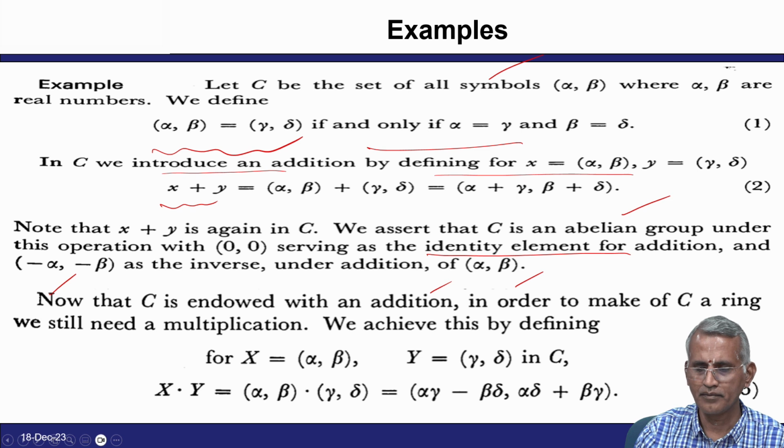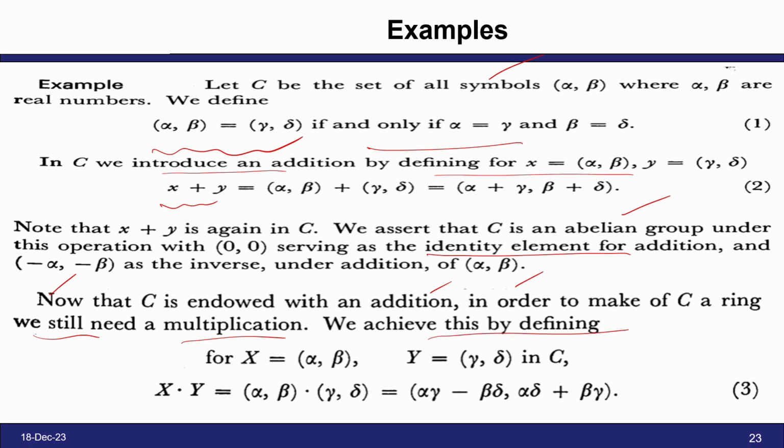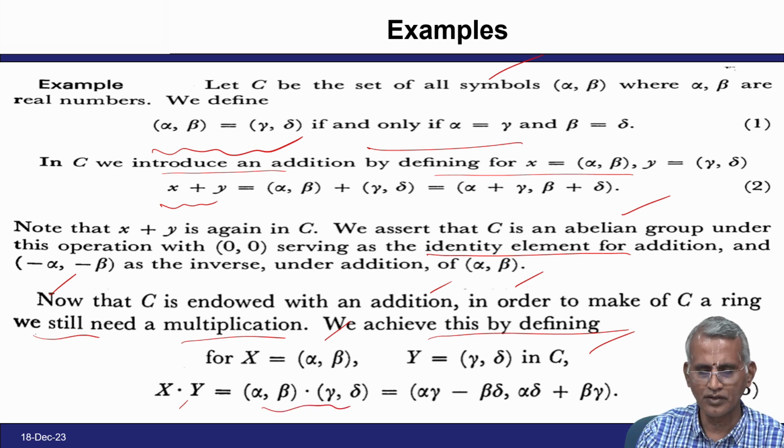In order to make C a ring, we still need multiplication. We achieve this by defining x equal to (α, β) and y equal to (γ, δ) in C. Therefore, x dot y equal to (α, β) into (γ, δ), which is equal to (αγ − βδ, αδ + βγ).